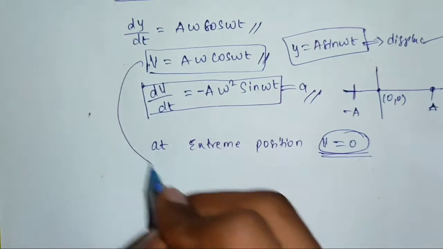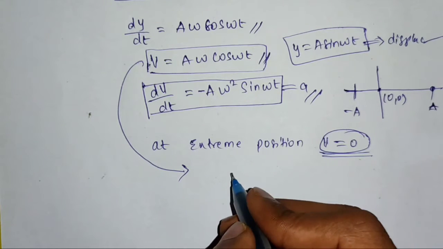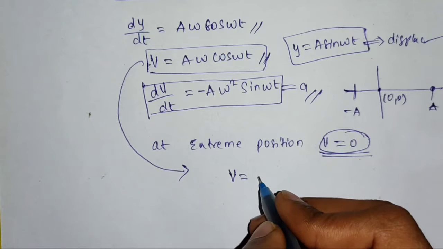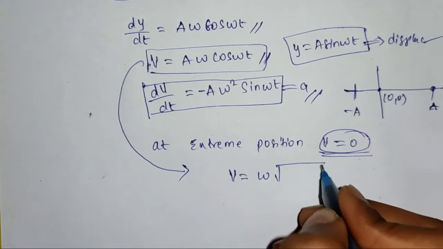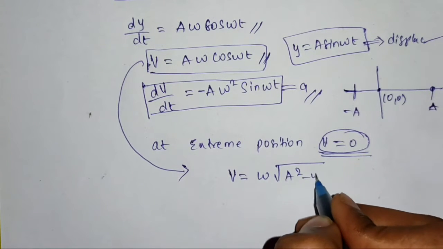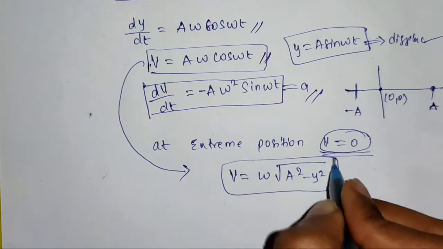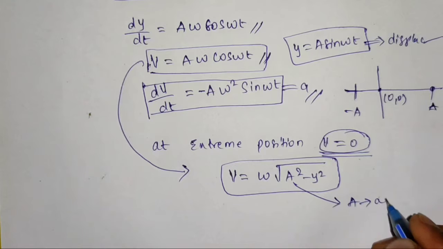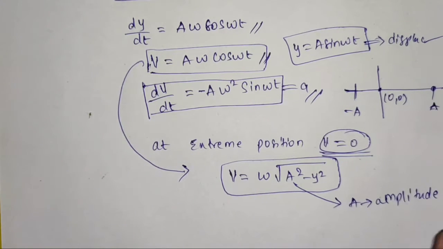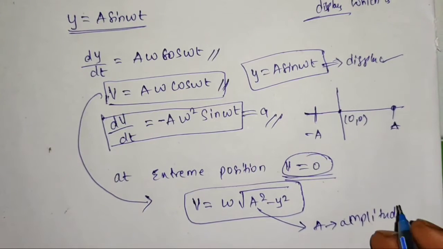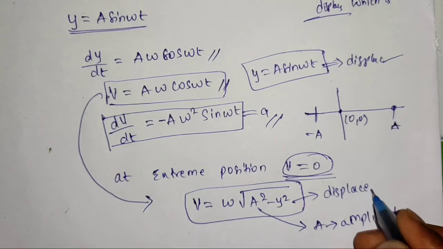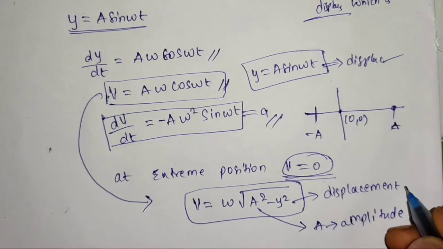On simplifying this equation, we get v = ω√(A² − y²), where A is the amplitude and y is the displacement of the particle.